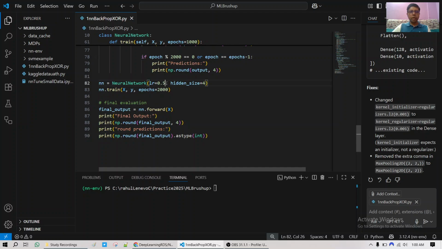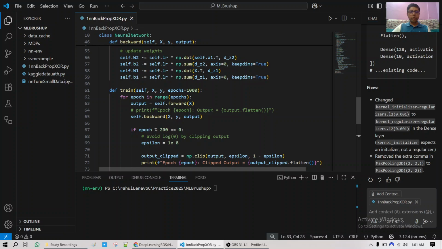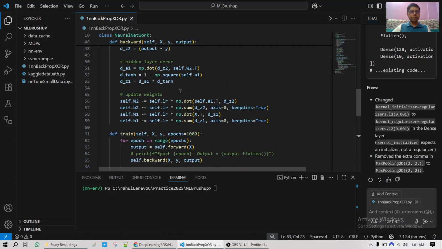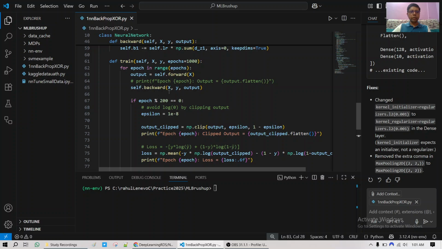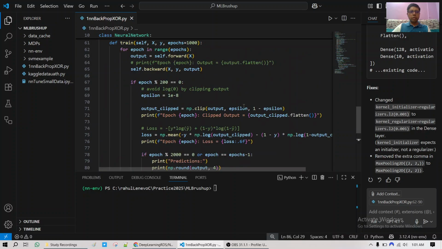We have a learning factor of 0.5 and a hidden layer size of 4 nodes, right? So we pass this input data, that is X and Y, to the neural network, and we start training. Once we start training, we call these activation functions as well as the forward and backward propagation functions here. So let's start with the training.